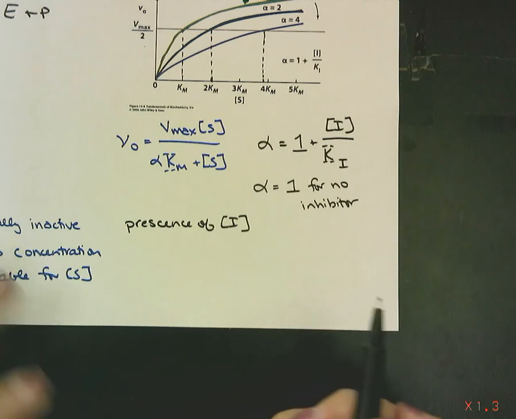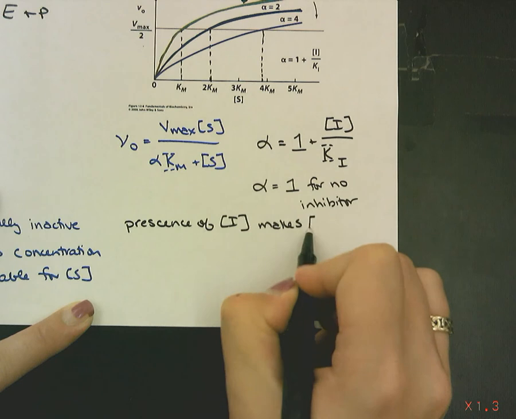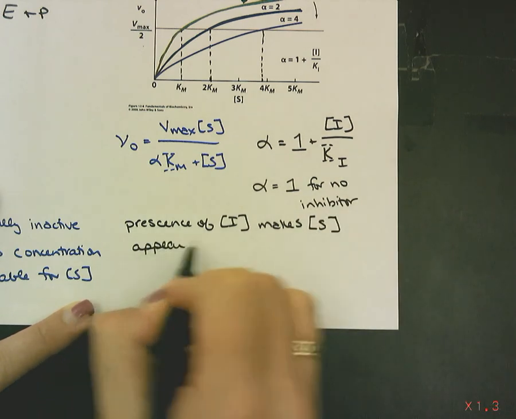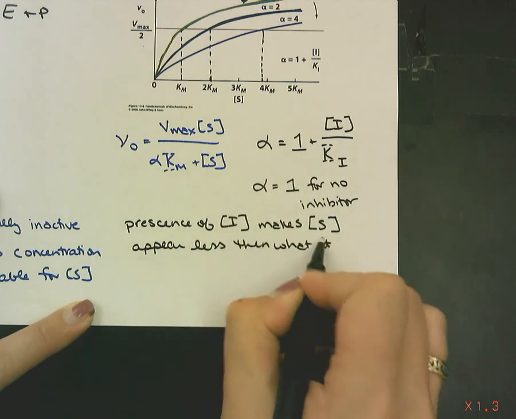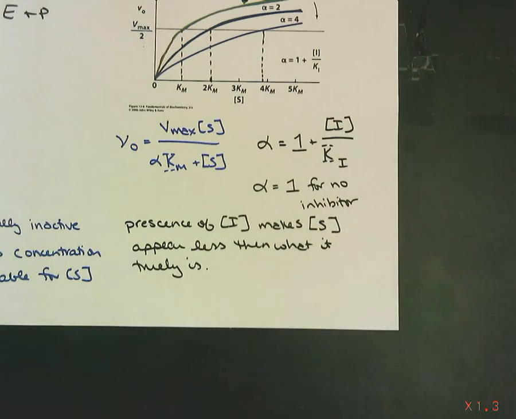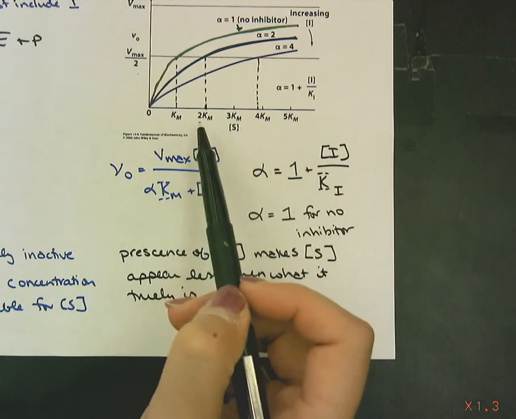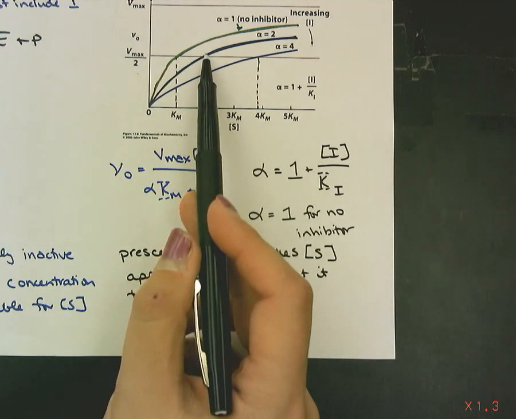The presence of I, having an inhibitor in your system, makes the concentration of substrate appear less than what it truly is. And we can see that from the graph: when we add an inhibitor, you have to add more substrate to get to the same velocity.